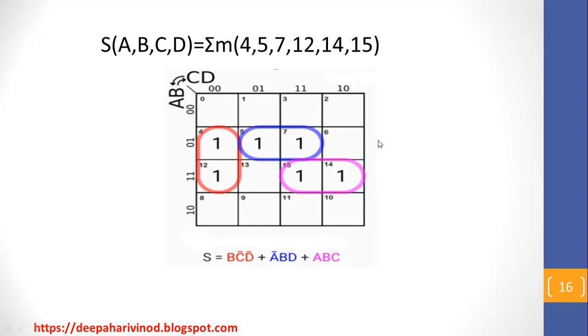So there is one more solution also. Both are correct, but don't choose this group. This is a redundant group. If you group like this and then group again like this, both will be redundant. And if you choose this as another group after grouping in this way, it will be considered redundant.